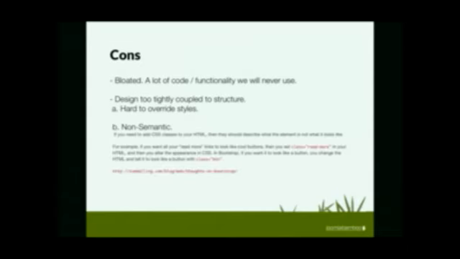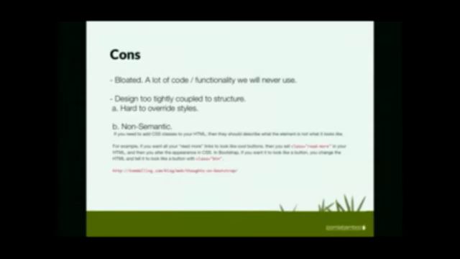One of the big things is that people think that Bootstrap is non-semantic. A semantic class is really something that tells the user or the browser what the element is rather than what it looks like.